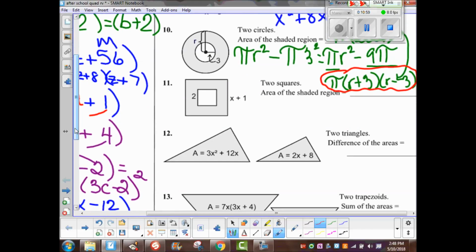Two squares. So area of the large one. So if we know it's a square, we know that all sides are x plus 1, minus the area of that small square. Sean?